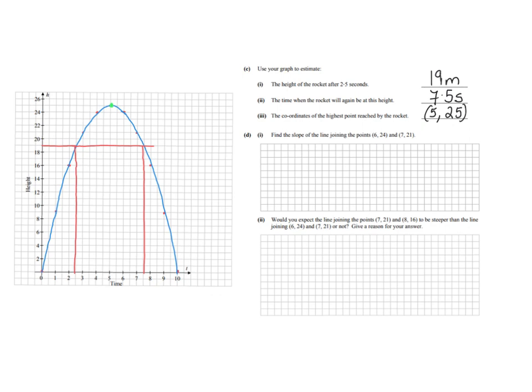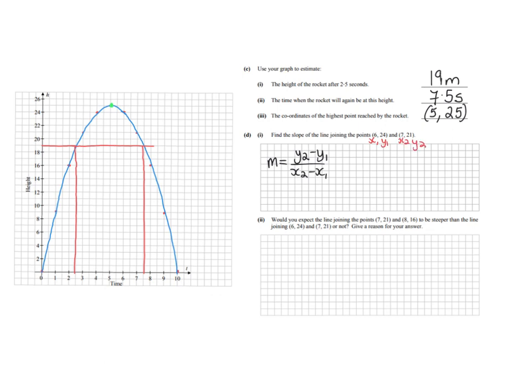Part D then asks us to find the slope of the line joining the points (6, 24) and (7, 21). Now we know the slope formula, so m is equal to y2 minus y1 over x2 minus x1. That's in your formula and tables booklet. We then can label our points, so this can be our x1, y1, x2, y2.